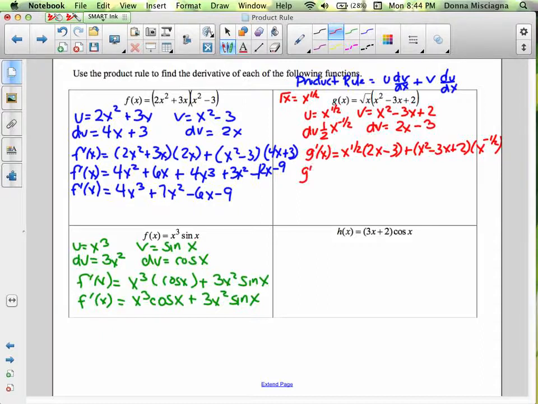So g prime of x equals, x to the 1/2 times 2x, that's going to be 2x to the 3/2, because you're adding 1/2 plus 2/2, minus 3x to the 1/2, plus, and now we got to distribute, almost forgot about the little x to the negative 1/2 there. x squared times x to the negative 1/2, that's going to be x to the, so 4/2 minus 1/2 is 3/2.